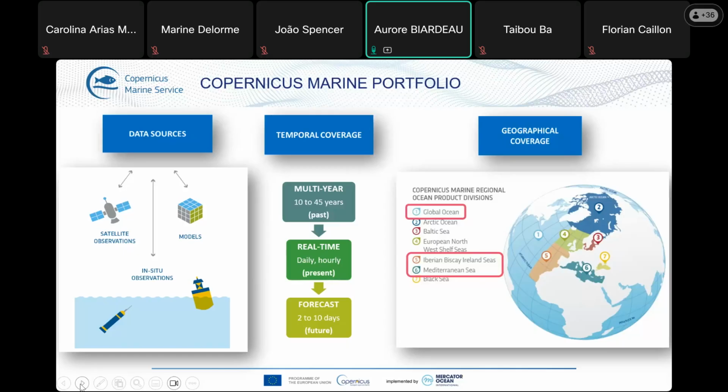We go up to 10 days in the future in the Copernicus Marine. And it also covers several geographical areas, such as global ocean, but also the Mediterranean Sea or the Iberian Biscay Ireland Seas that can be interesting today, and also different areas around Europe.